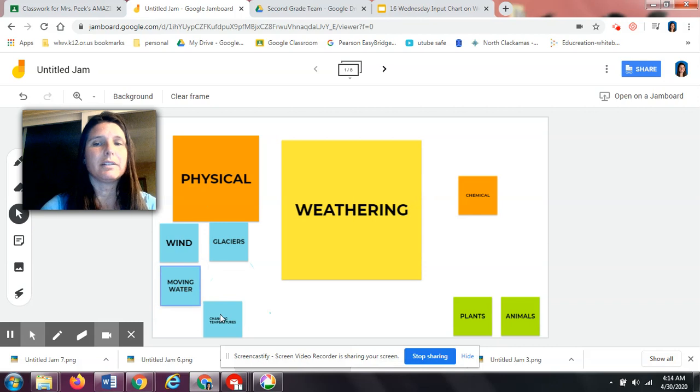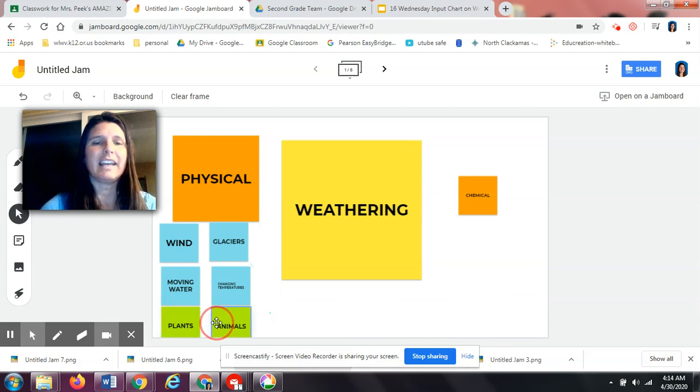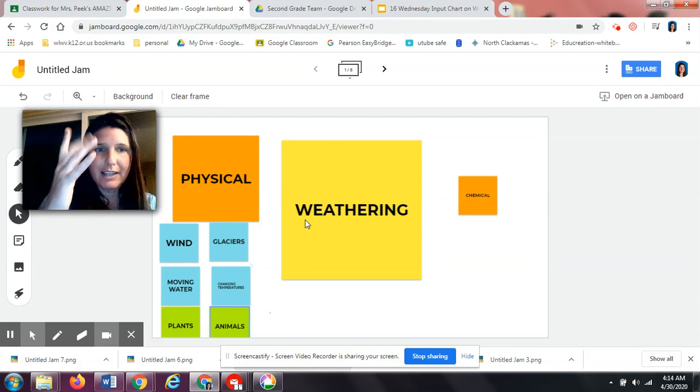Moving water, okay, waves, and then also living things like plants and animals, and then changes of temperatures. So today we are going to take a little guided input chart of all of those processes so you can see firsthand how physical weathering breaks down rocks.